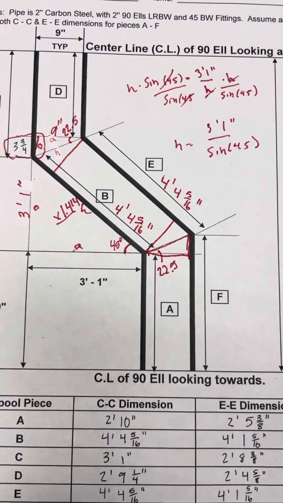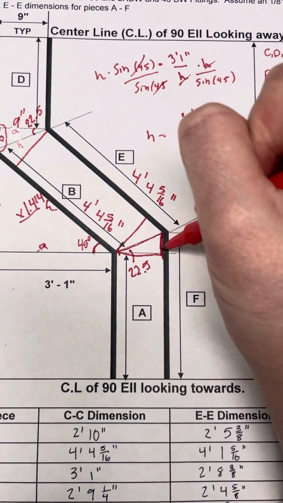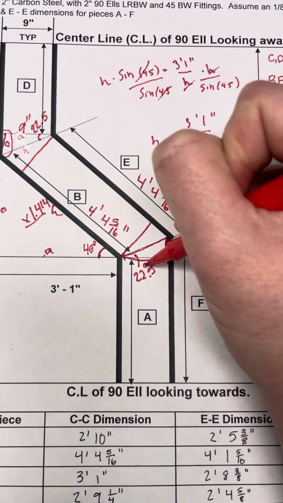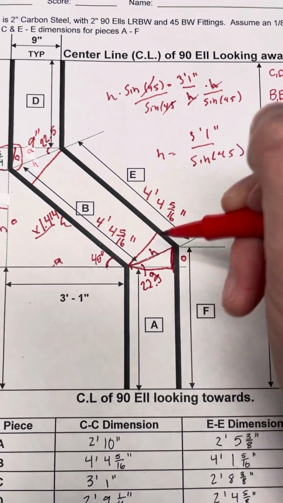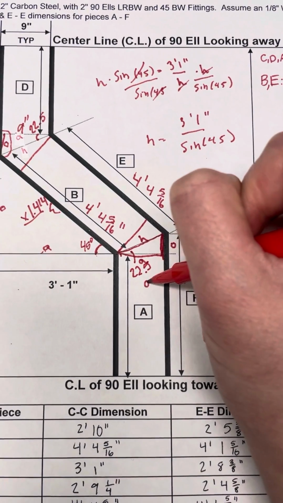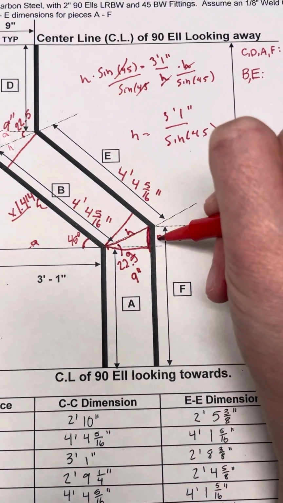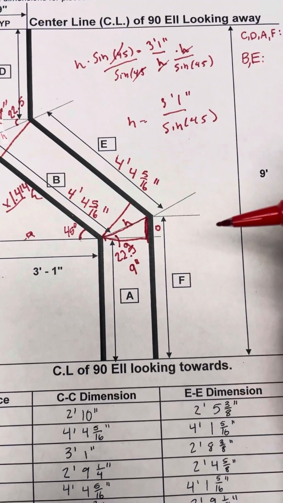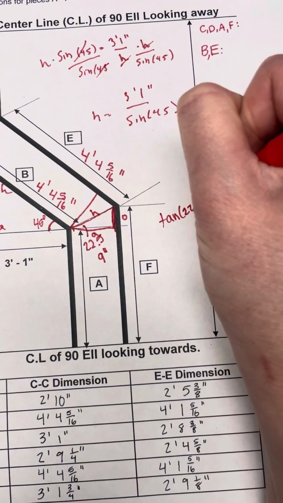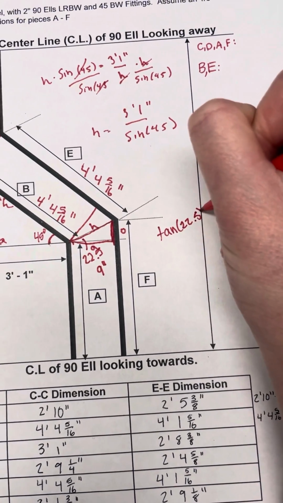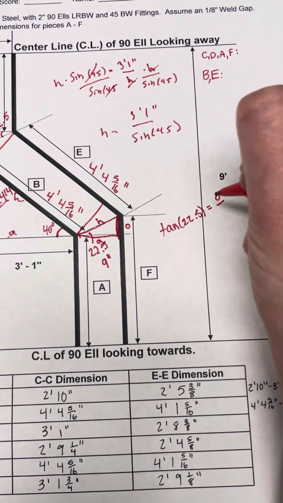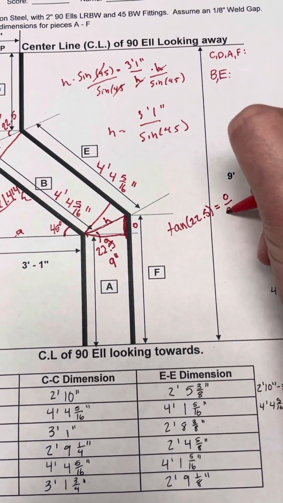And then we want to solve for my vertical change right here. So in this triangle, this is my opposite, adjacent, and hypotenuse. And we already know the adjacent is going to be the distance between the pipes, which is 9 inches. And we're trying to find the opposite. So that tells me I'm going to use tangent. So I'm going to use the tangent of 22.5 is equal to my opposite, which is my unknown, divided by my adjacent, which is 9 inches.